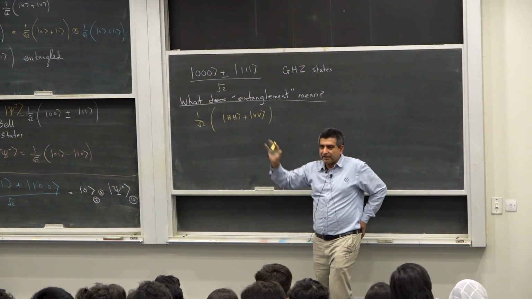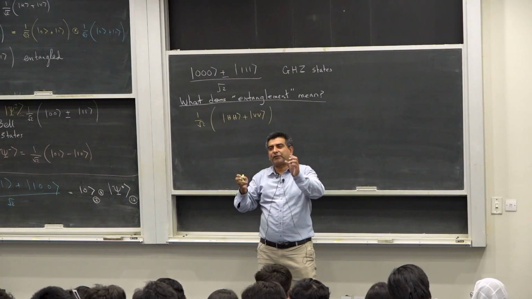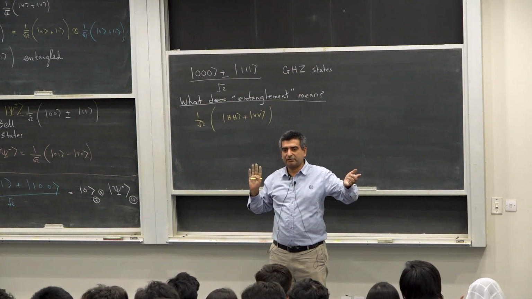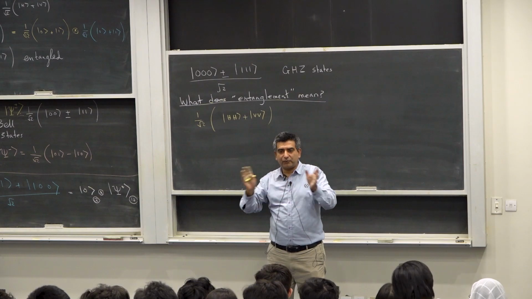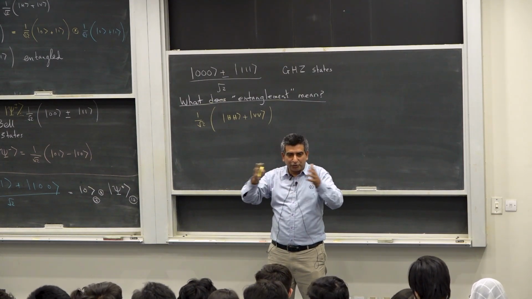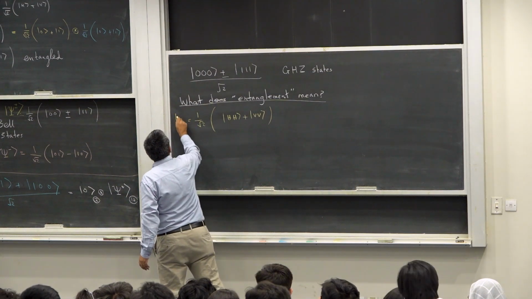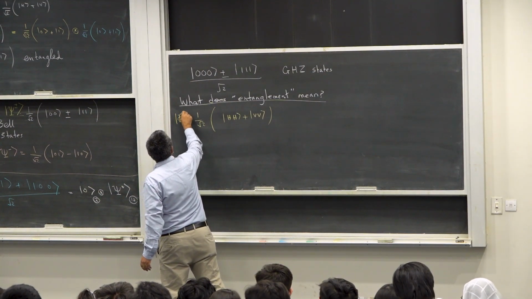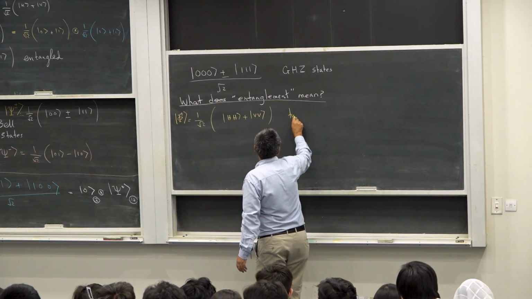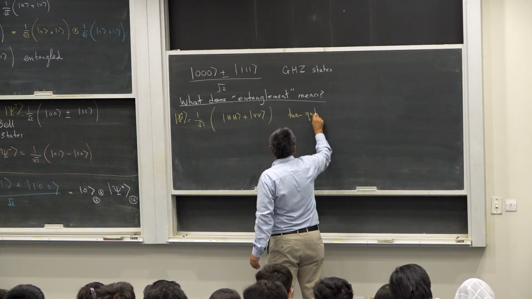Got it? Now these photons, so how many photons are we talking about? We're talking about 2 photons. It's a 2 qubit state. This is my phi plus state. It's a 2 qubit entangled state or Bell state.